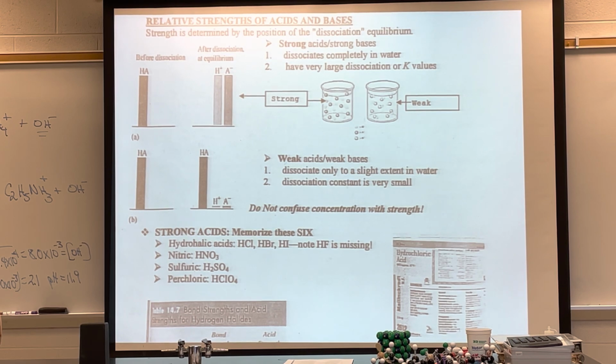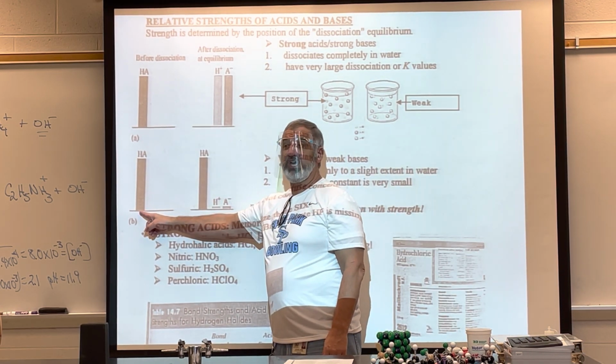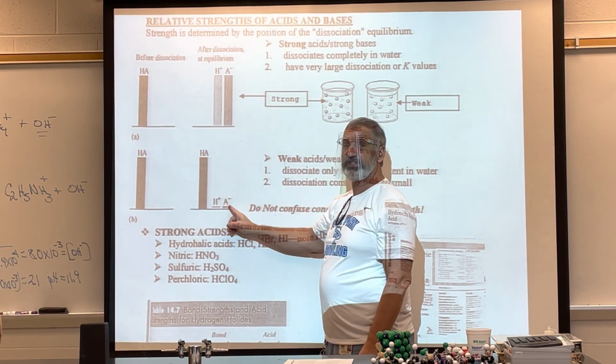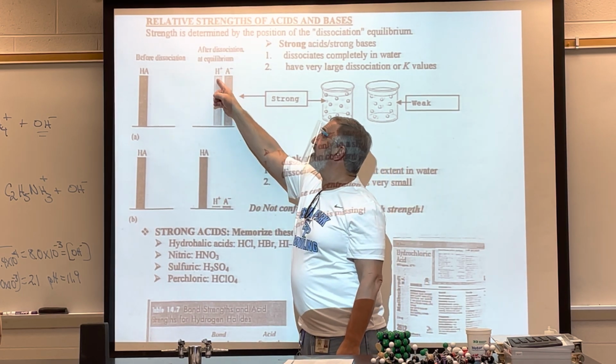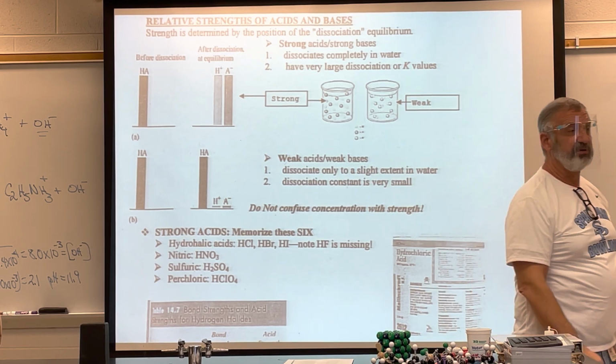That's your 100% ionization. But a weak acid is generally less than 1%. You start with HA, you put it into water, most of it stays as HA, and you just get a small fraction of H plus and A minus. So strong acids give a high concentration of H plus, a weak acid gives a low concentration of H plus.